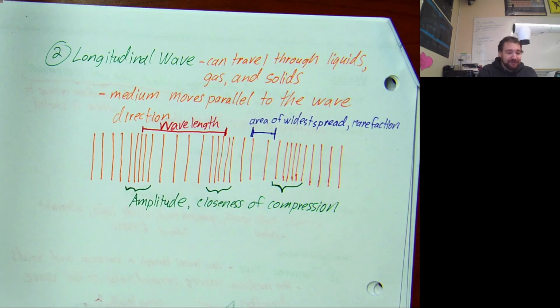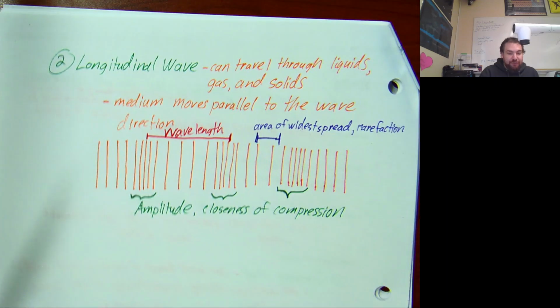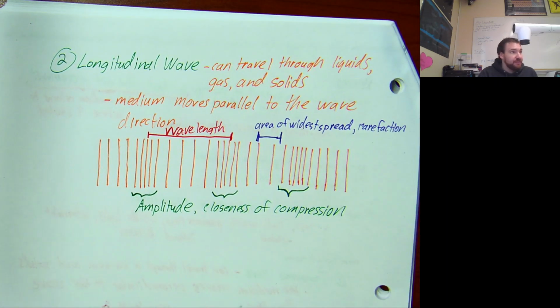Interestingly enough, because transverse waves cannot travel through liquids, and longitudinal waves can travel through liquids, that's how we know what our Earth is made of. We know there has to be a liquid section somewhere, because there are earthquake waves that do not go all the way through our planet, but there are other earthquake waves that do, which means there's a section in there that's liquid. That's how we know that. So, fun fact for those of you who aren't going to take earth science.